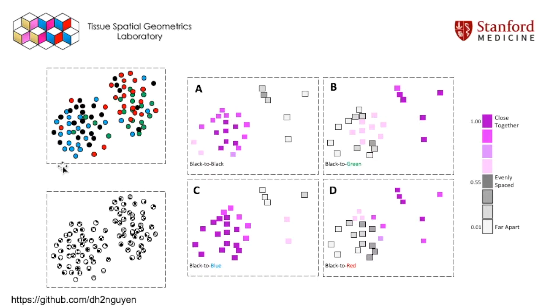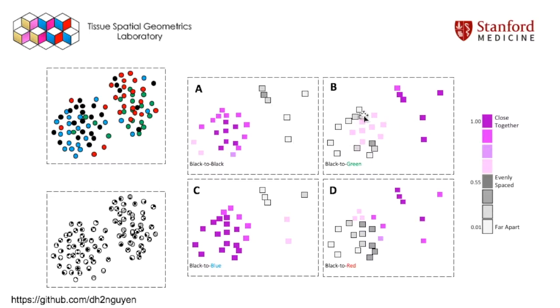Is that you can visualize the aggregation of different categories of things with each other. For example, here in panel A, it shows the dark purple ones are the black dots that are close to other black dots. And thus it makes sense out here that these black dots are gray because they're far from all the other black dots.